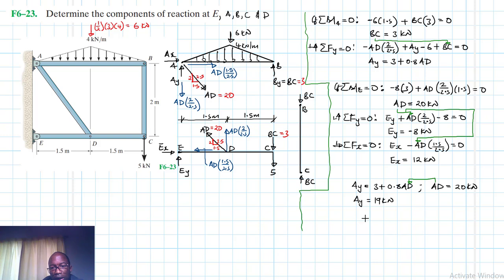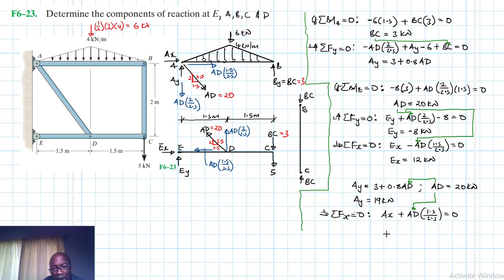That is our AY. And then summation of forces in the x direction. We want to find AX. So we have AX plus AD by 1.5 divided by 2.5 equal to 0.